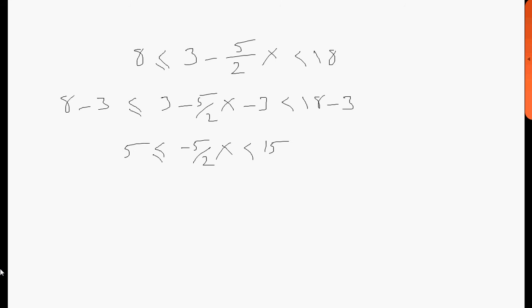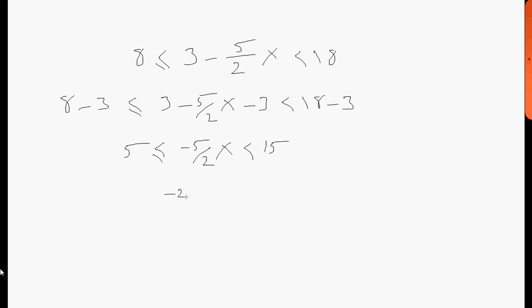At this point I have to multiply everything by -2 over 5. If I multiply everything by -2 over 5, I have isolated x. Why is that?